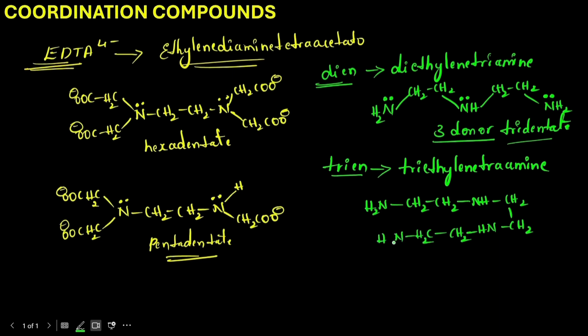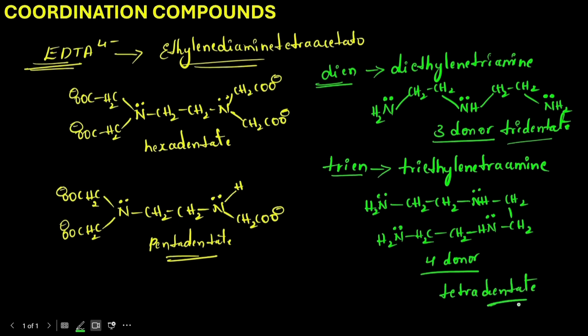This is the structure of triethylenetetramine. How many donor atoms are there here? Here nitrogen is there, here nitrogen, and here nitrogen. 4 donor atoms are there. Therefore it is an example of a tetradentate ligand.